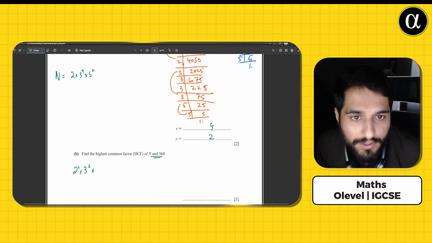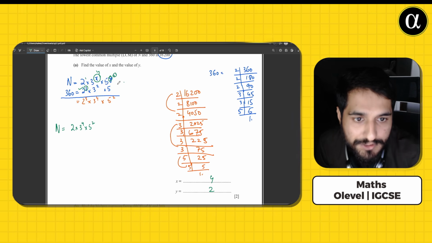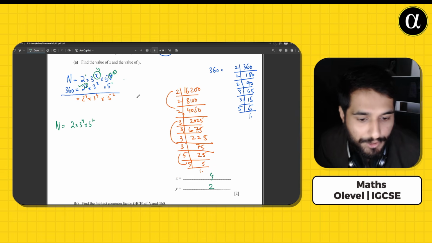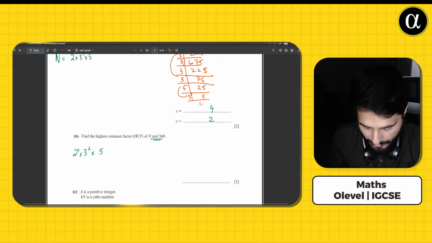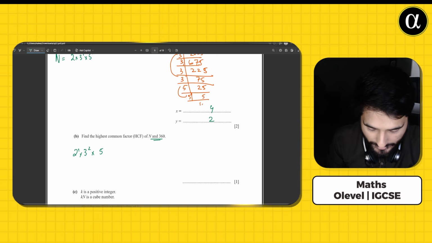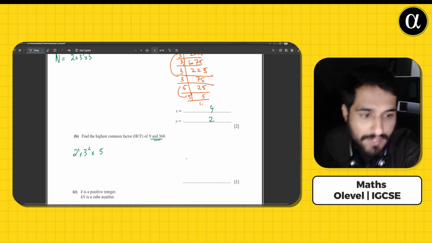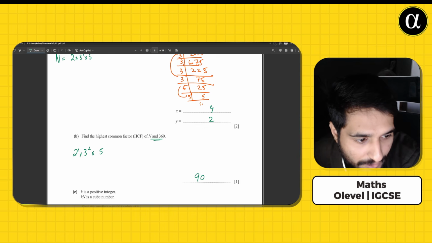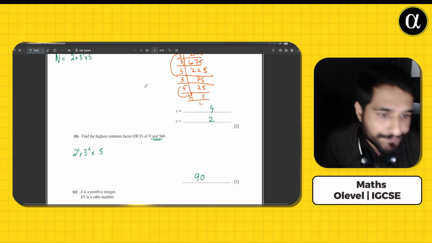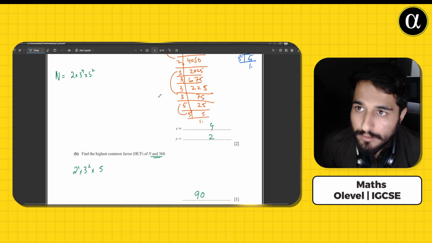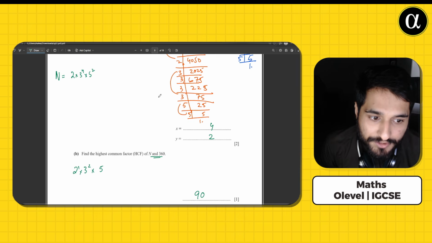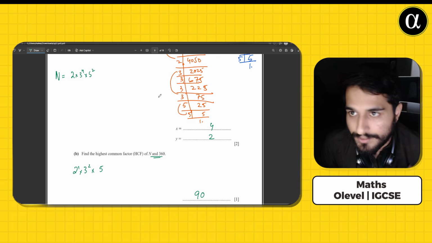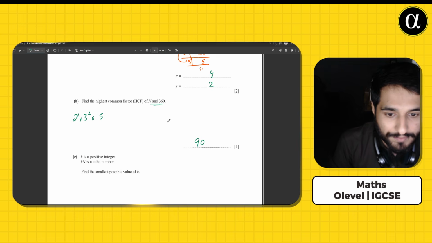For 5, the smallest is power 1. So we get 2 into 3 square into 5, which gives us 90, so the highest common factor is 90. Keep in mind, the lowest common multiple takes the highest power in the combination, and the HCF takes the lowest. That's the trick in this case.